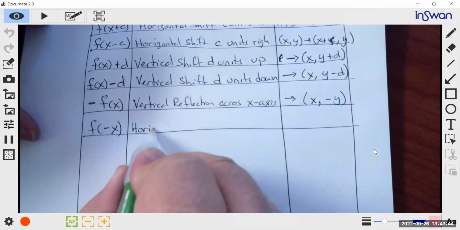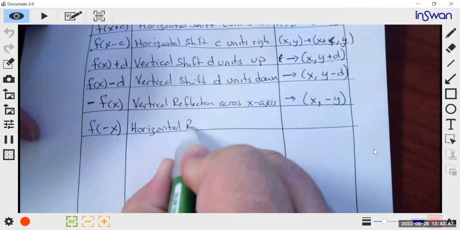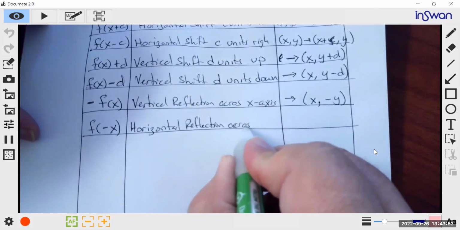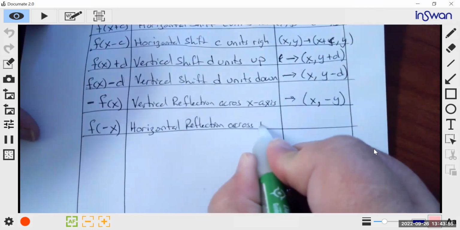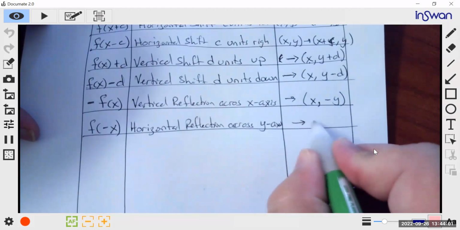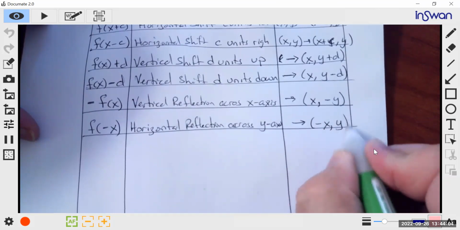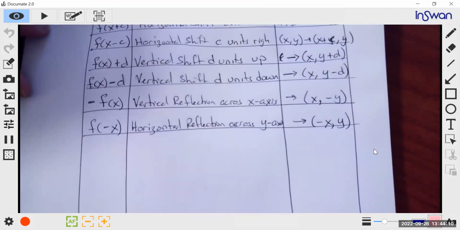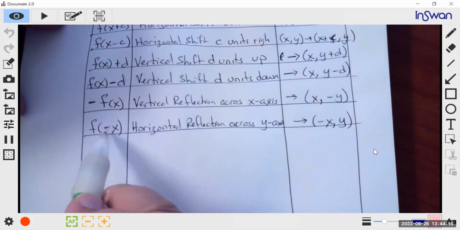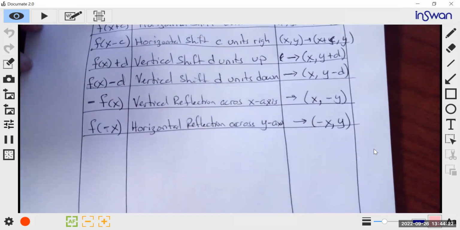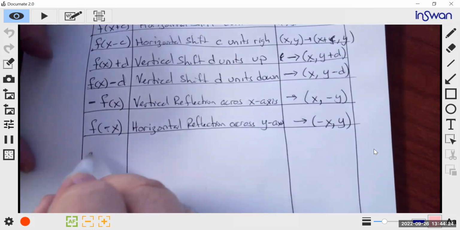It's a horizontal reflection across where? If it's horizontal, it has to flip across the y-axis. So only the x's change directions or change signs. So if the sign changes inside the function, it's a horizontal reflection, and it changes only the x values from positive to negative or negative to positive.